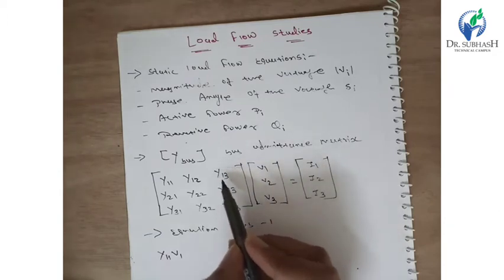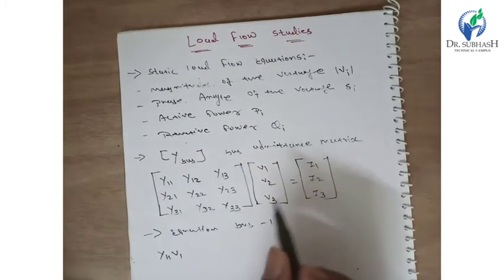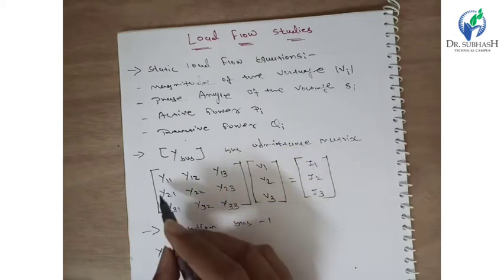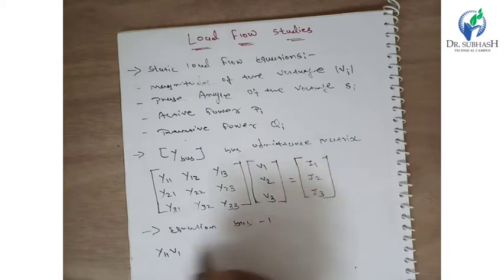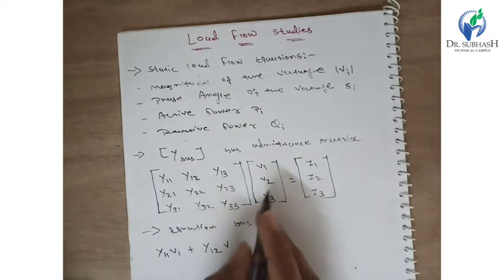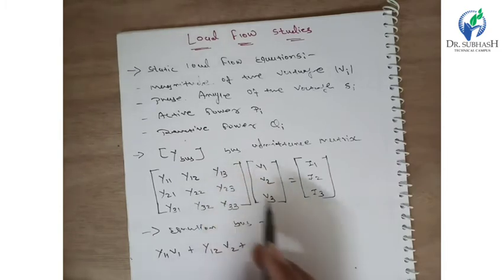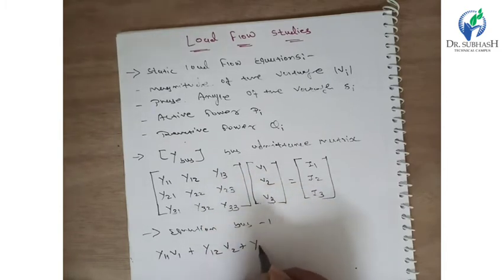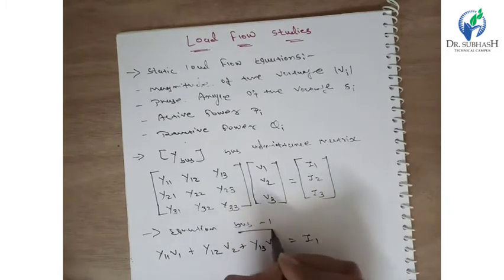In the same way, Y12 with V1 and Y13 with V1. But commonly we write the equation as Y11 multiplied with V1 plus Y12 multiplied with V2 plus Y13 multiplied with V3 is equal to I1 for bus 1.